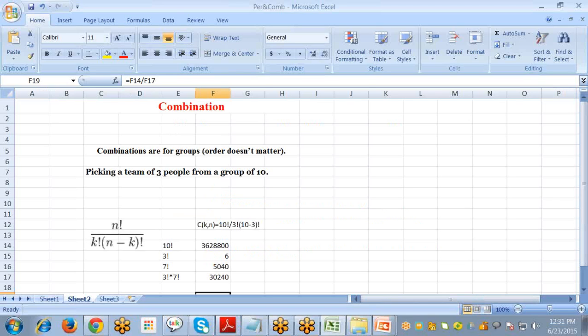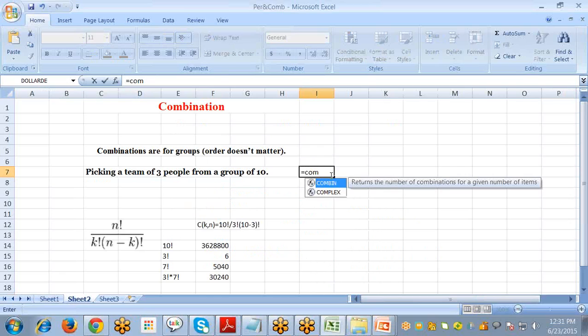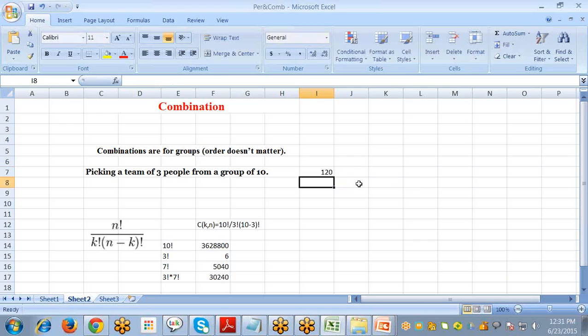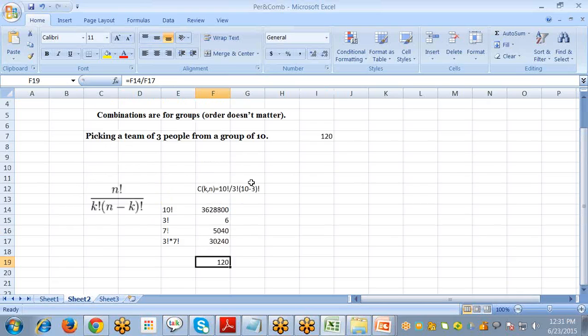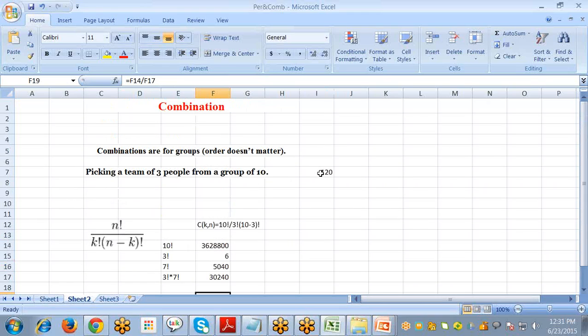So to calculate using the COMBIN function, select the cell, type an equal sign, select the function COMBIN and type the arguments. The first one is the number, which is the total number of people in a group, and number chosen is 3. So 120 by calculating this way and 120 by using the COMBIN function will give the same output.